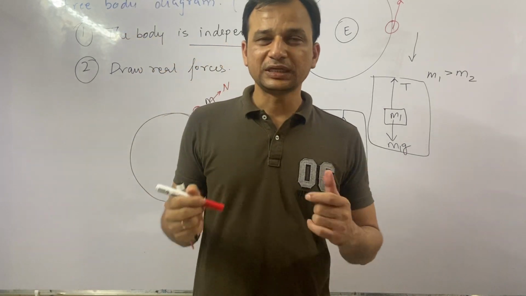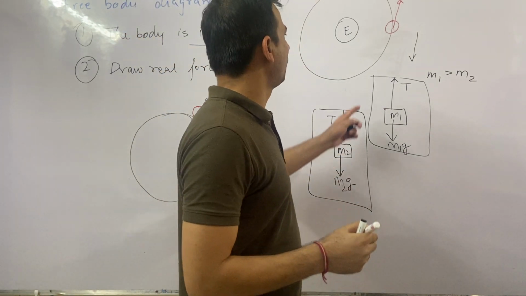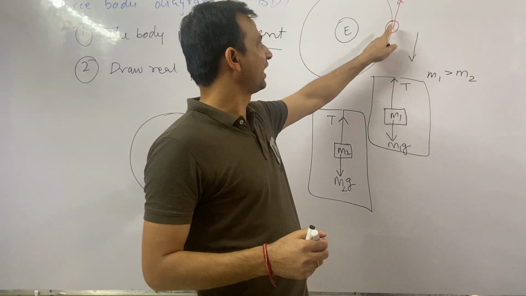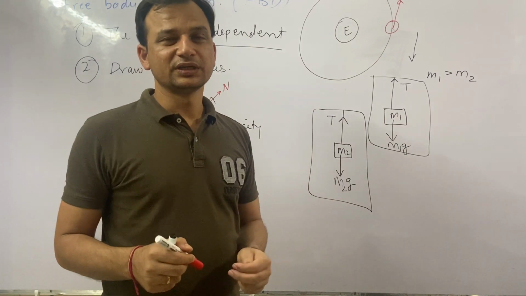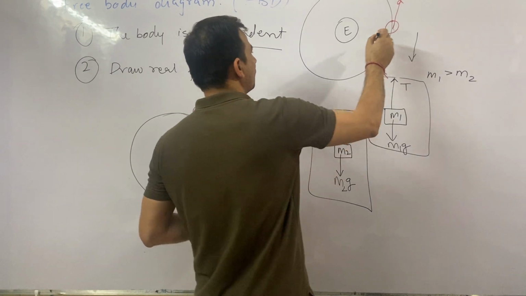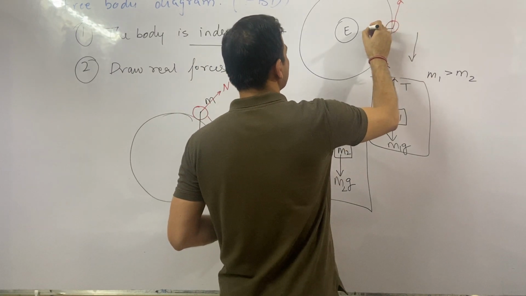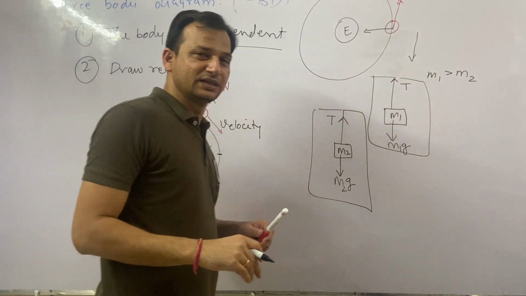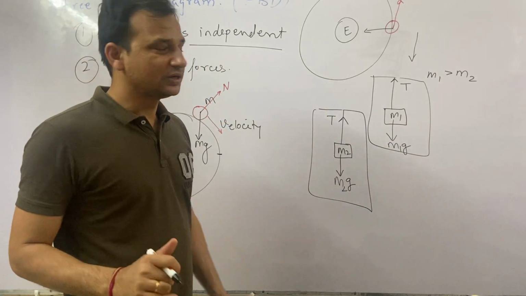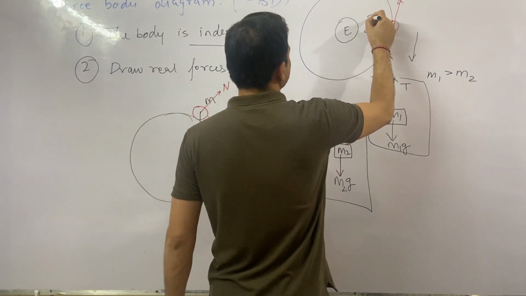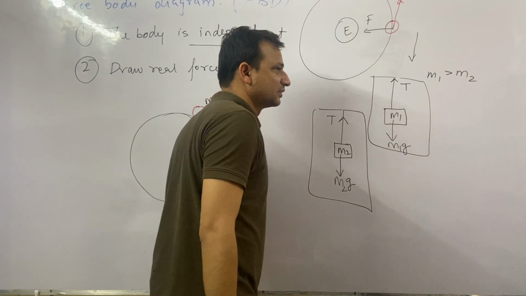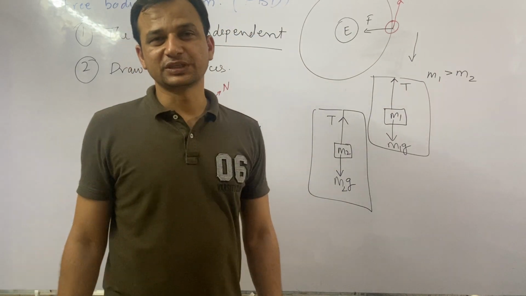What are the forces acting on the moon due to the earth? We can draw only one force, which is force of attraction, and this force is due to the gravitational pull. So we can write here F, and no other force is acting on this object.